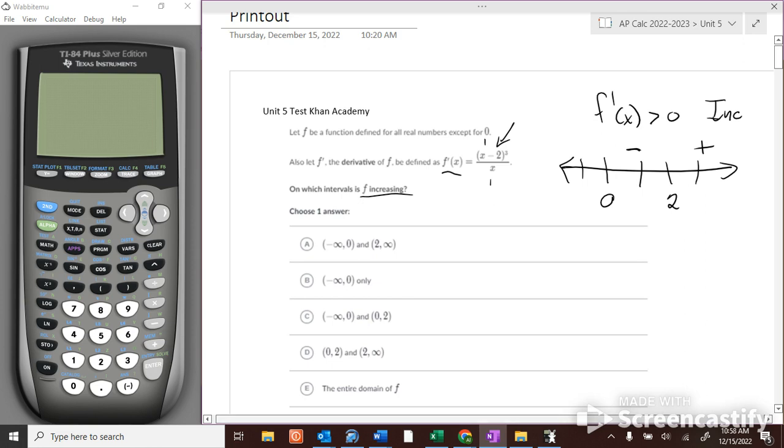If we put in a negative 1 here, we get a negative over a negative, which is a positive. So it's increasing from negative infinity to 0, and from 2 to infinity. So the answer is A. When the first derivative is positive, the function's increasing. We found where it's positive, found where it's increasing.